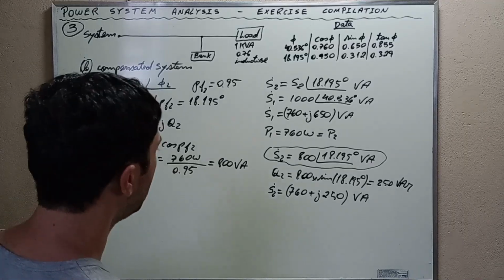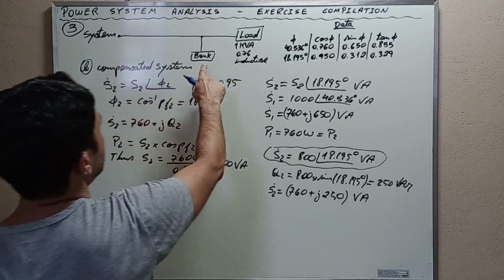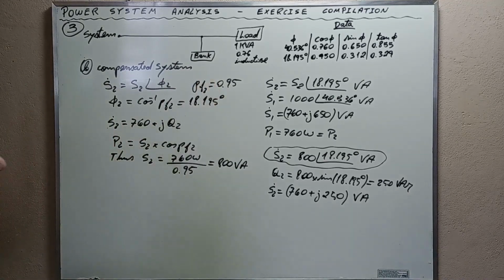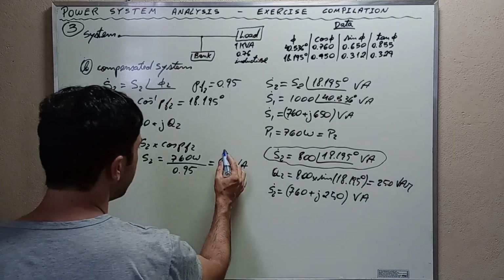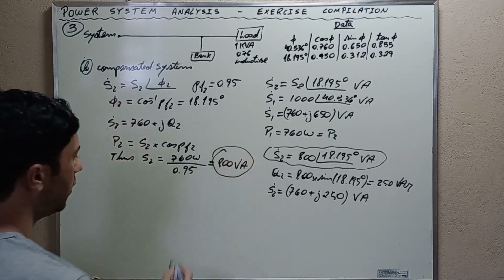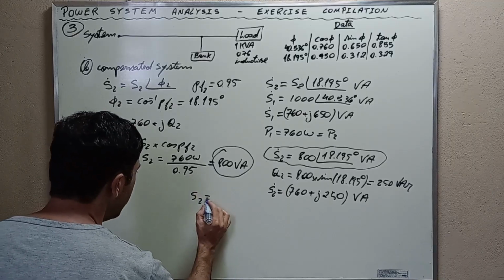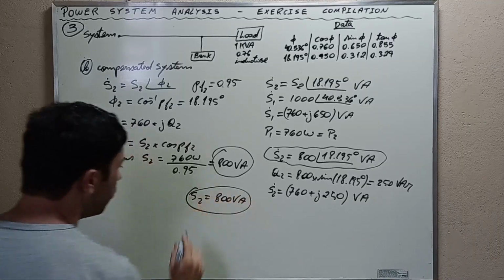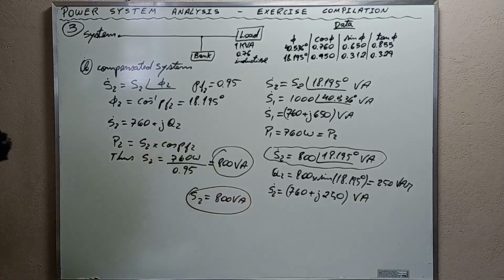Okay, the capacitor bank is providing part of the reactive power, and the apparent power provided by the system to the load is this 800 VA, okay? S2 is equal to 800 VA, and this is the solution of exercise number 3, my friends.